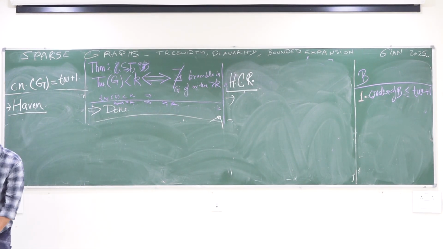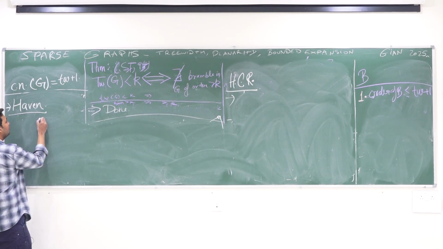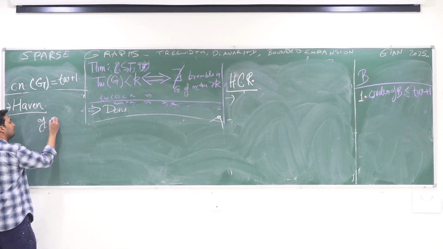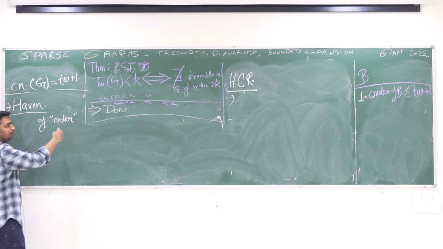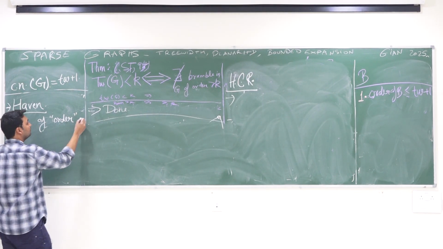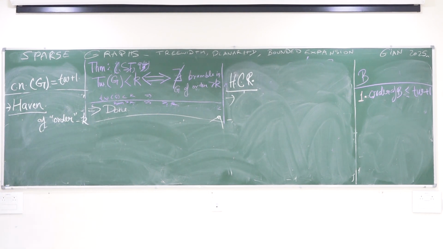Havens are very closely related to brambles, and here also we will use similar terms. Brambles have order, so we have havens of order k. What are havens of order k?